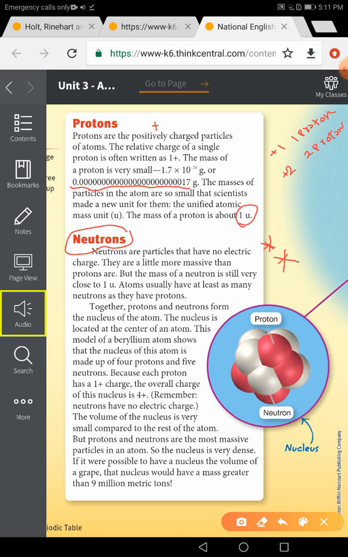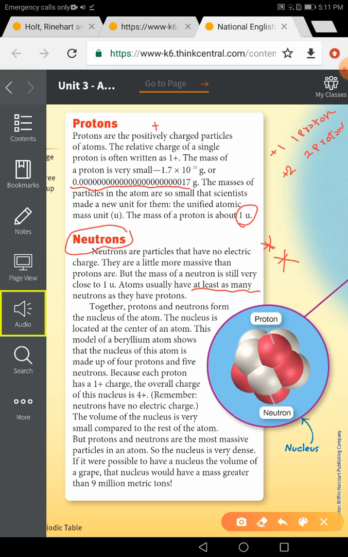Atoms usually have at least as many neutrons as they have protons. In atoms we can find many protons, or there are more neutrons than protons, or fewer protons than neutrons. Together, protons and neutrons form the nucleus of the atom.